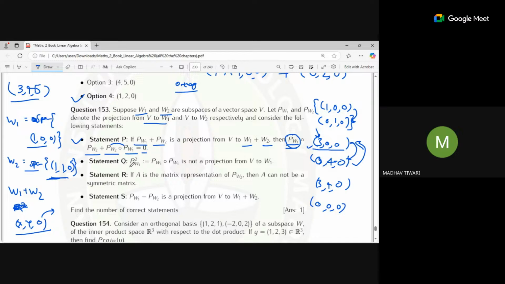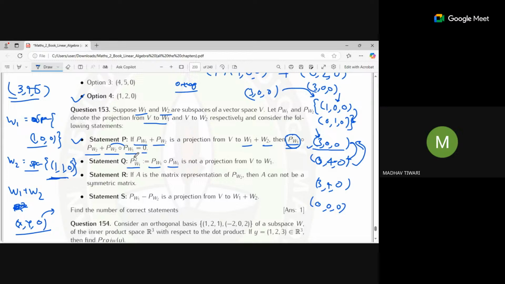Next, in this one, it is saying that projection of W1 on W2 will be equal to projection square, is not a projection from V to W1. Okay, if I find out the projection of any vector, suppose 3, 4, 5, on this vector, it will be 3, 0, 0. And if I again apply its projection on this vector, it will again be 3, 0, 0, right?